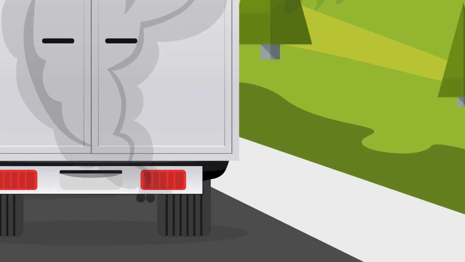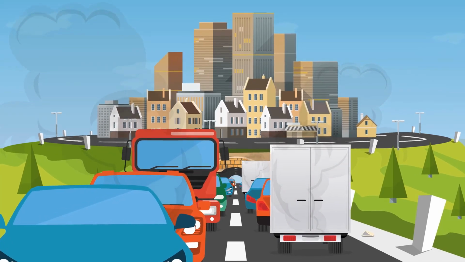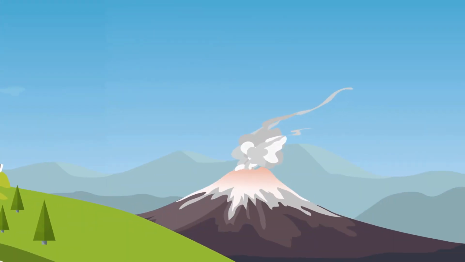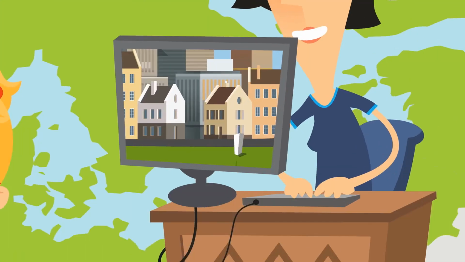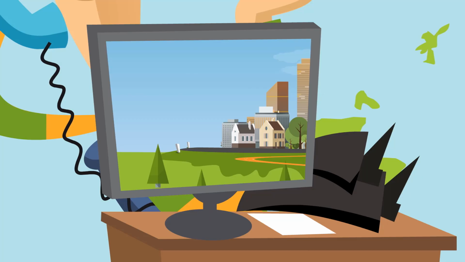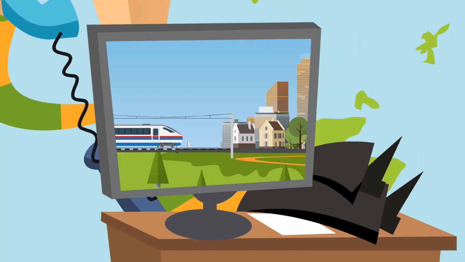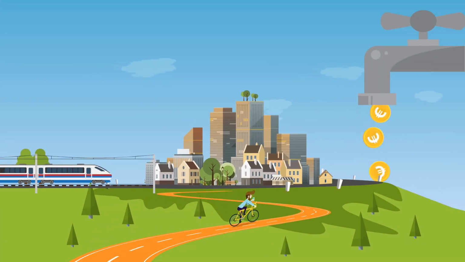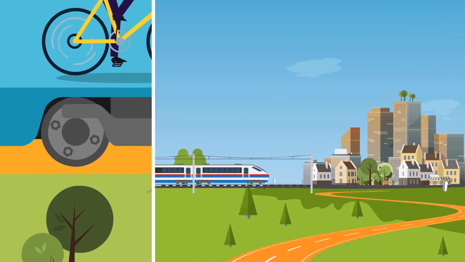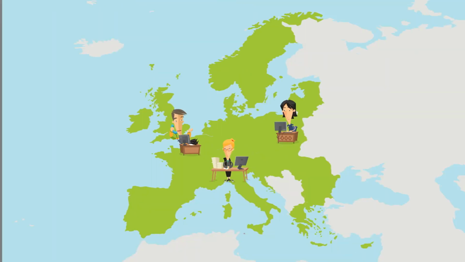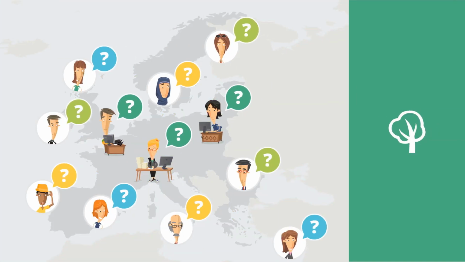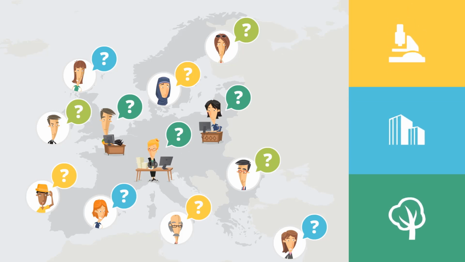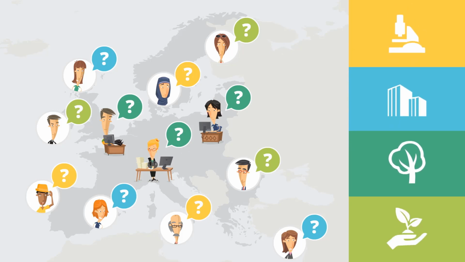To say that Europe is facing sustainable mobility issues is like saying that a volcano is somewhat hot. Many countries are working on innovative ideas to tackle this challenge. But if everyone is reinventing the wheel on his own, we're wasting time and money, even if it's a really nice wheel. Policymakers all over Europe are struggling with the same challenges, like sustainable mobility, innovation, economic development, and resource efficiency.